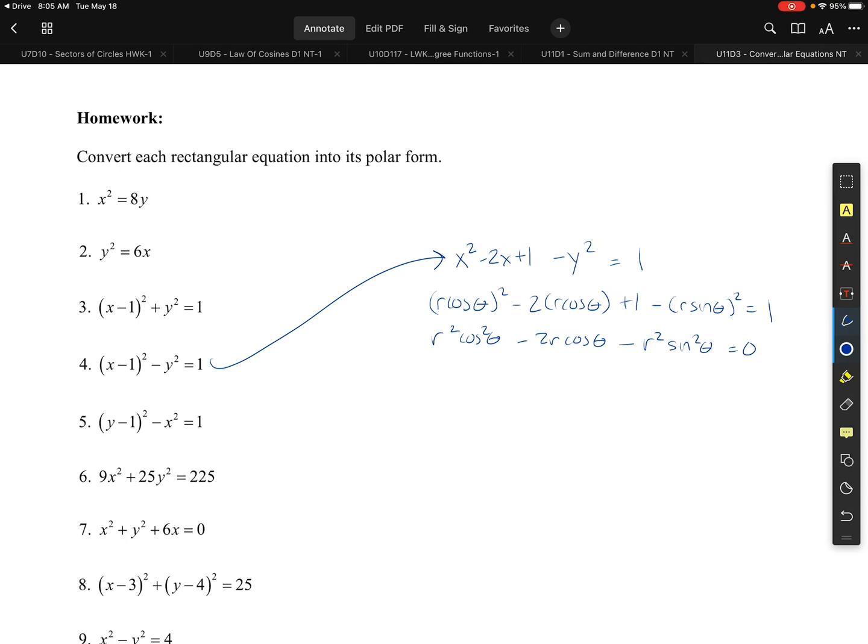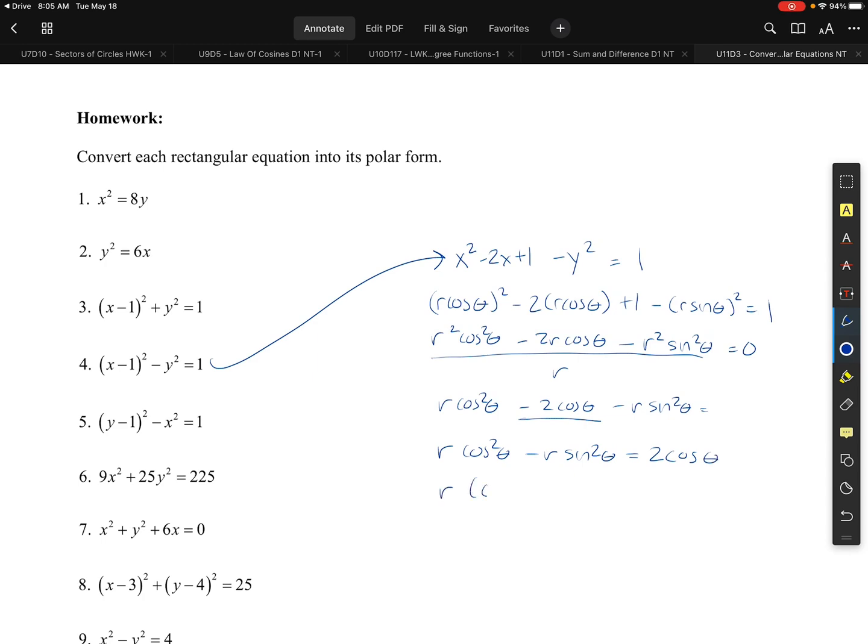Alright, now, if I divide everything by r, I got r cos squared theta minus 2 cos theta minus r sine squared theta equals 0. Alright, so remember, I'm trying to work this out to get this into an r setup. So this piece doesn't have r, so I gotta move it over. R cos squared theta minus r sine squared theta equals 2 cos theta.